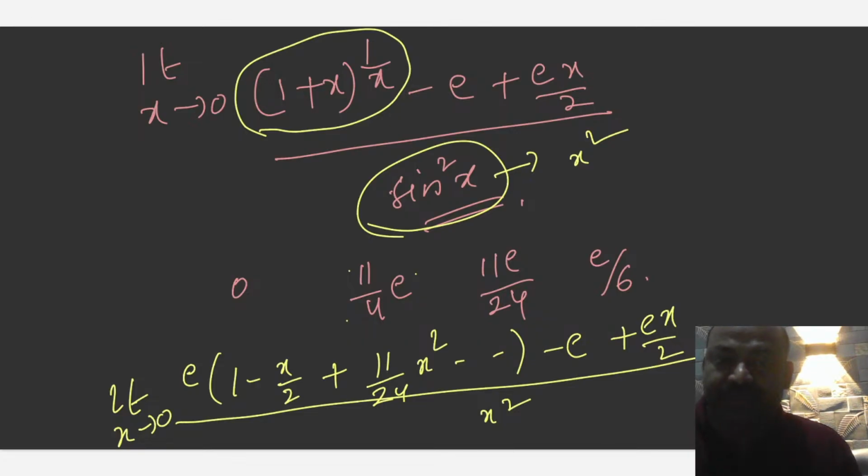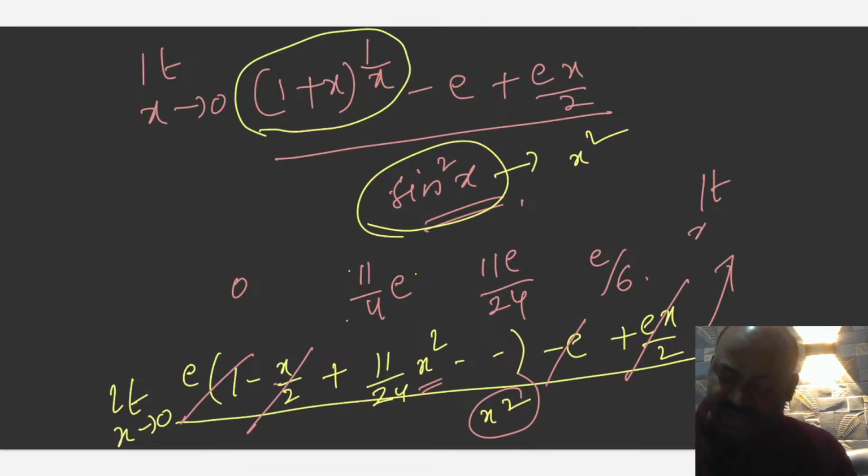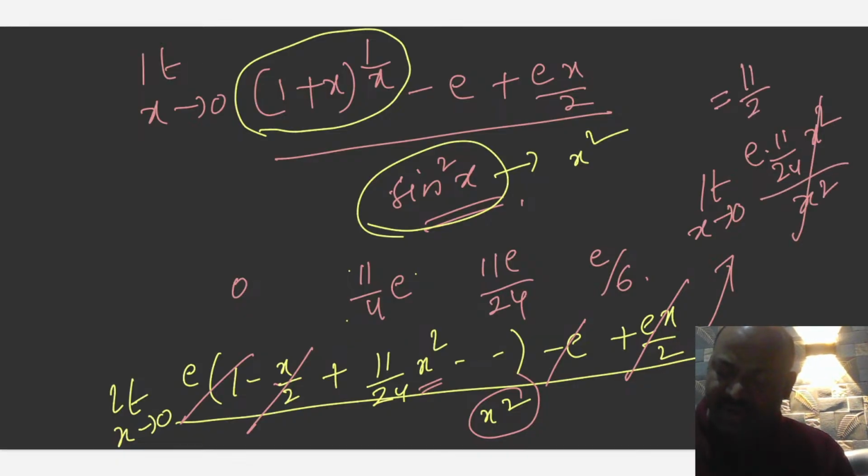That's a very good question. You can write till the denominator power. The denominator power is x square, so write till x square. Then e minus e gone, minus ex by 2 plus ex by 2 gone. The left thing is limit x tends to 0 of 11 by 24 x square by x square. These also gone. So the answer is 11 by 24. I hope you got this beautiful question.